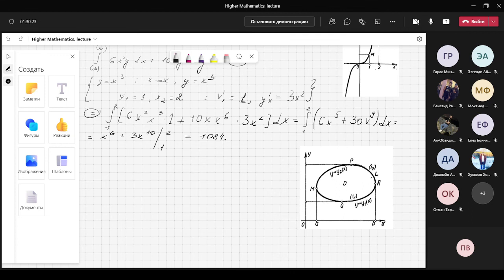Then the area of the region S is the integral from a to b of y second of x dx minus the integral from a to b of y first of x dx.